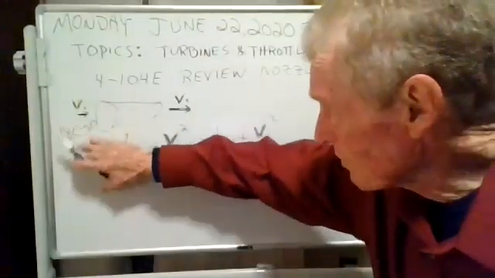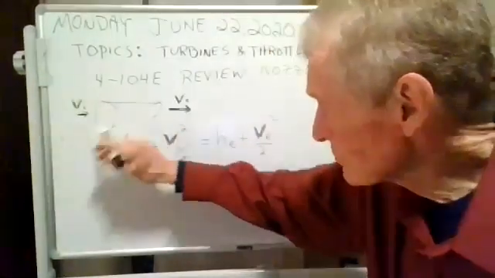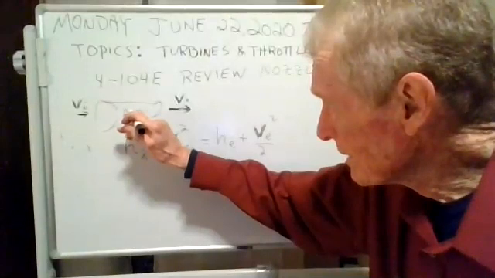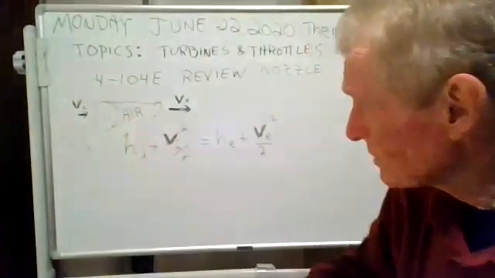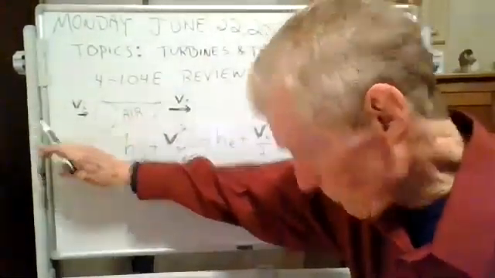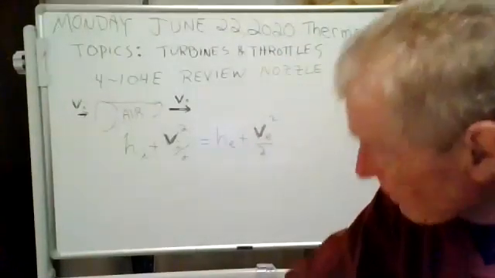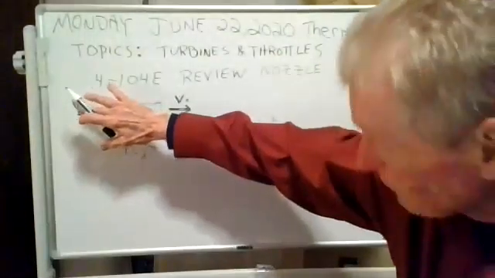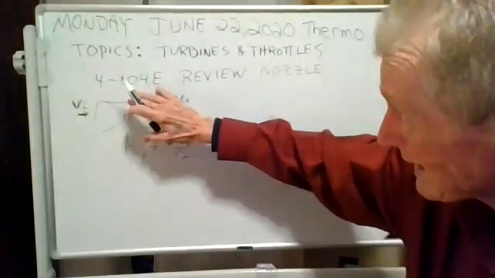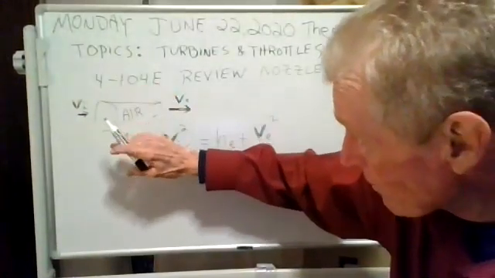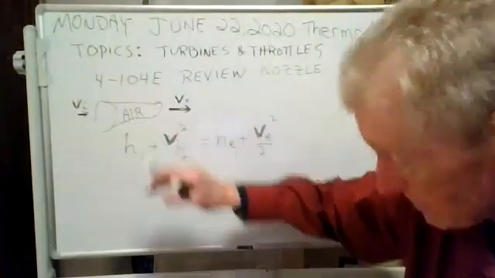Guys, I'm doing this all wrong. This was air, and you guys are going to have to help me. I was looking at the wrong problem. If you look at problem 4104E, it's air in that nozzle. It's not that.